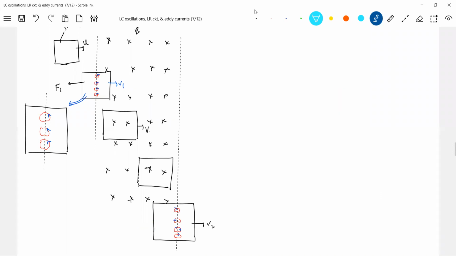What should be its direction? The direction of induced current should be such that it opposes the cause, no? So now negative flux is there. Negative flux will decrease here, because the plate is moving. d phi by dt positive, EMF induced negative. So the force will act in this direction. Am I right? Or if you want to put left, I'll put left.